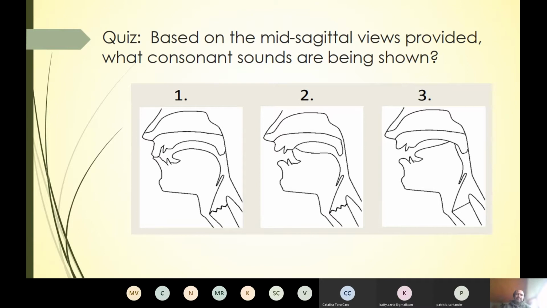I'm not saying that you need to give a very specific answer, for example, the sound p or the sound b, but in general, what kind of sounds are produced in the first image? What kind of sounds are produced in the second one, and what kind of sounds are produced in the third one?